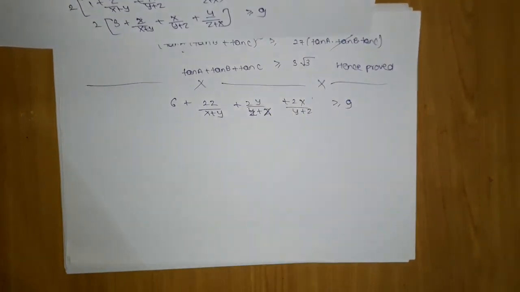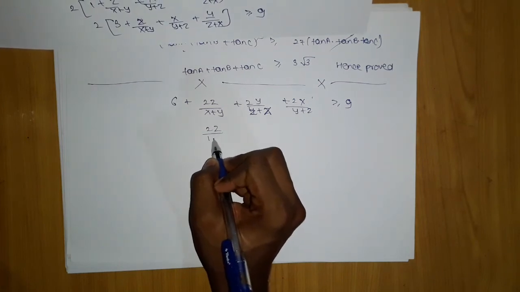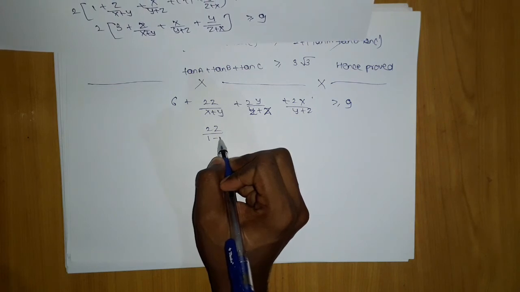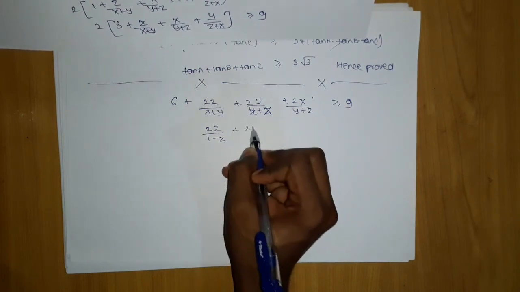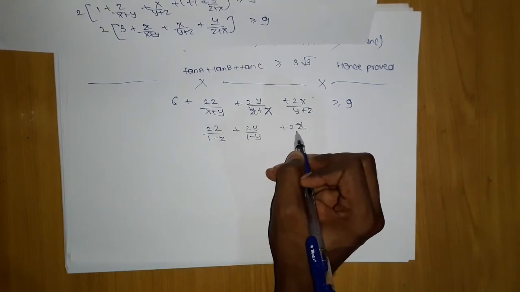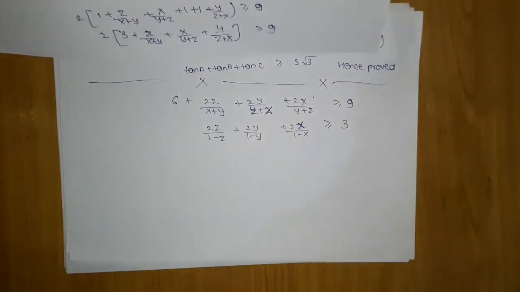If I move this, there will be 3, and 2z, x plus y I can write as 1 minus z, 2y as 1 minus y, 2x as 1 minus x, greater than or equal to 3. Okay, so this is our answer.